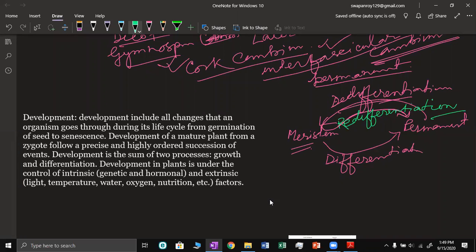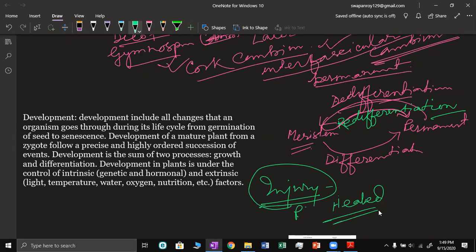Like, some injury is there in the plant body, in a stem or leaf or anywhere. Then this injured portion will be healed. How will it be healed? New cells should be added there. So what happens? The cells neighboring this injured part will become meristematic, and they will produce new cells.